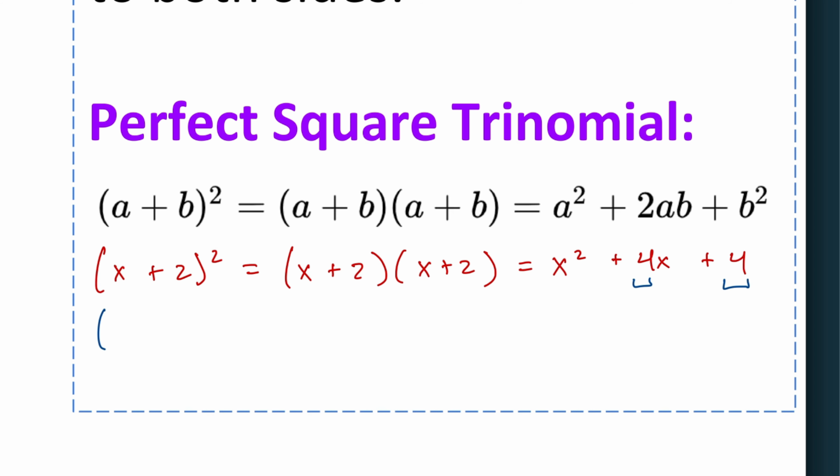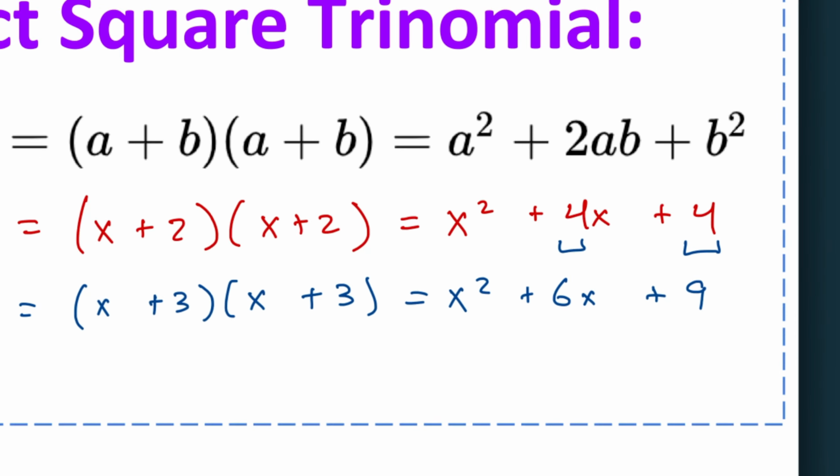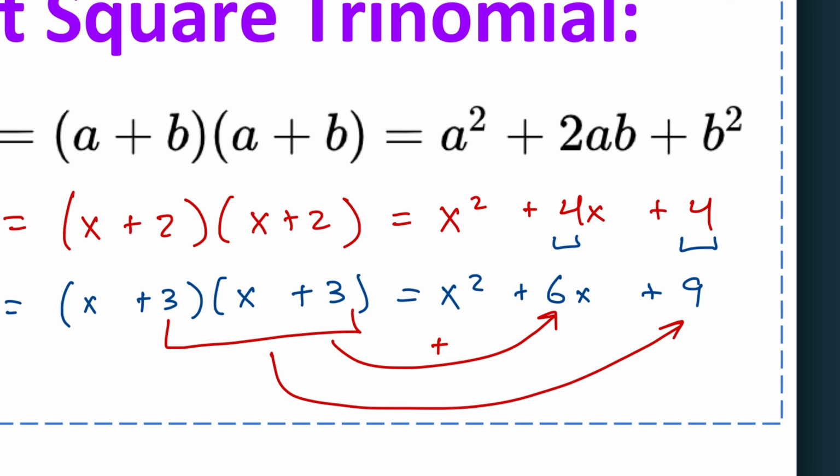So let's do it with 3. X plus 3 squared equals x plus 3 times x plus 3, which will then give you x squared plus 6x plus 9. Notice this pattern though. The same number ends up being added to give you your b term, and that also ends up being multiplied to give you your c term.